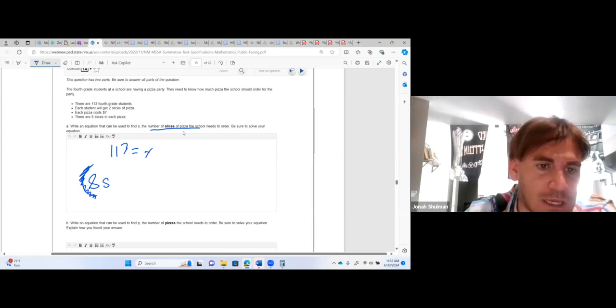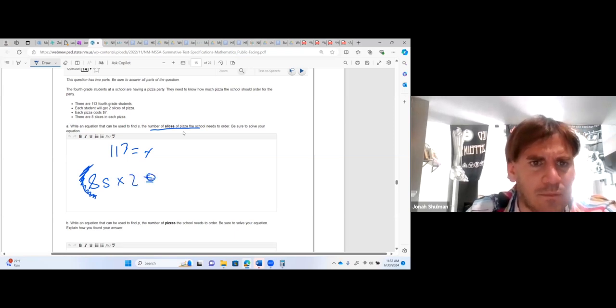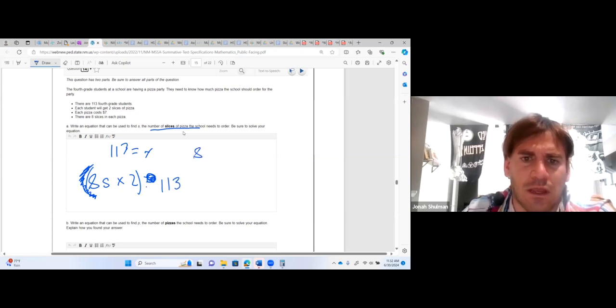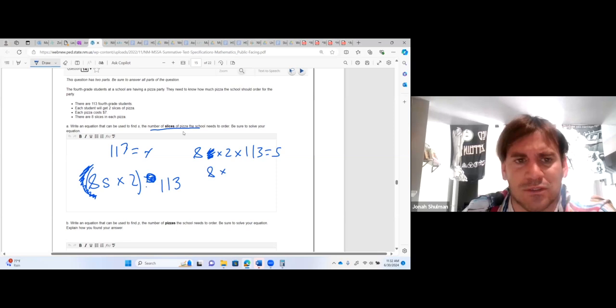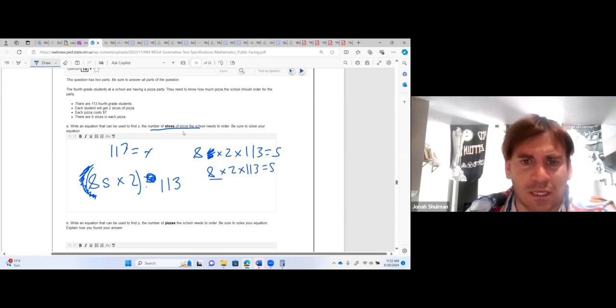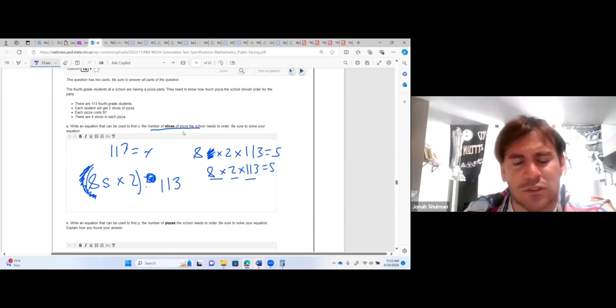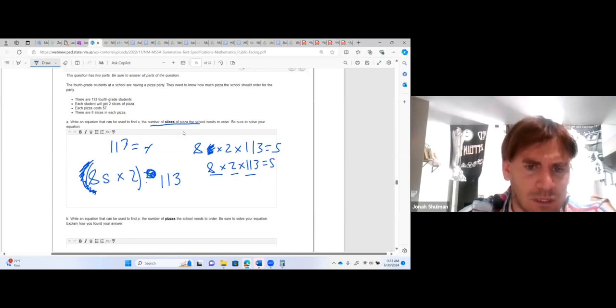So it's 8 times S times 2, and then this gets multiplied by the 113 because there's 113 students. So 8 times 2 times 113 equals S. So 8 slices, 2 each, 113 students. We don't need the $7.